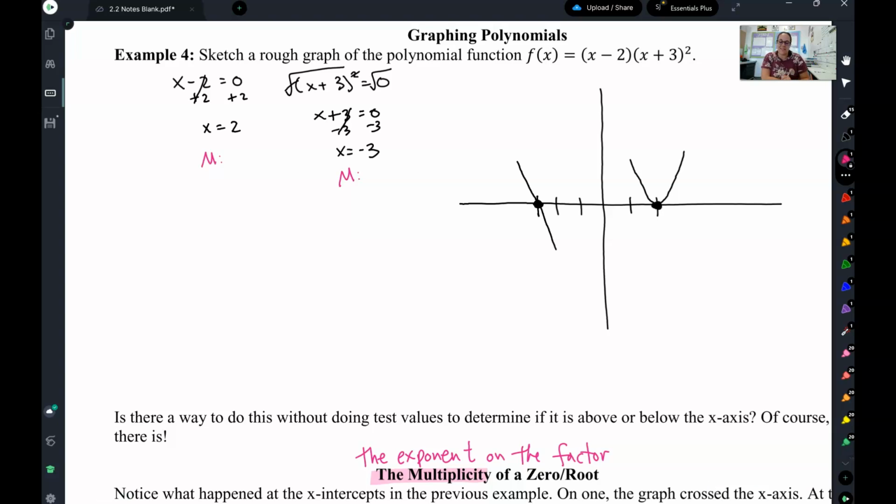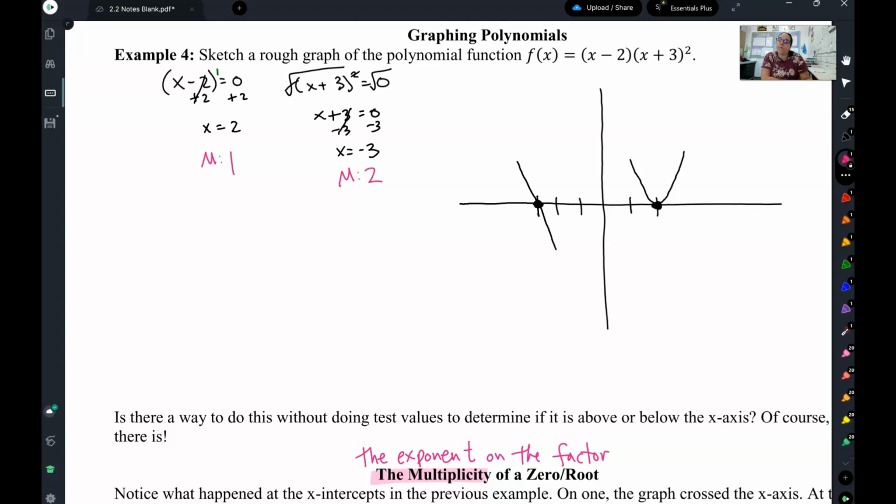If I look at this factor first, notice that the exponent on this factor was a squared. So it has a multiplicity of 2. Now if I come over to this factor, it's going to have that secret exponent of a 1. So it has multiplicity of 1.